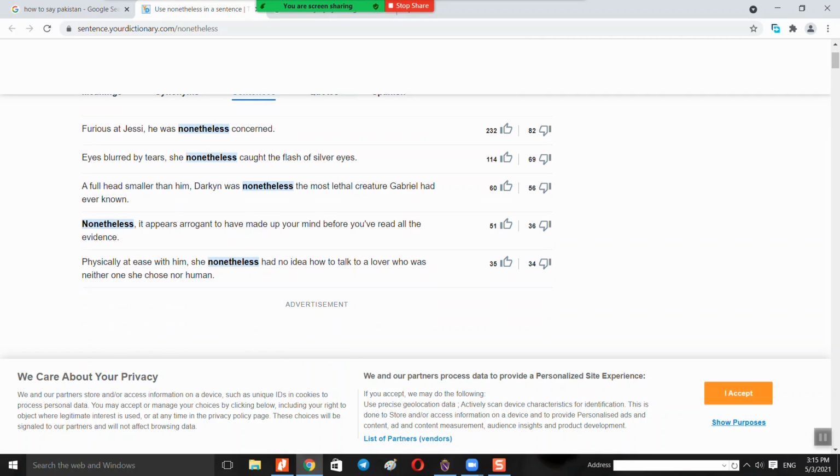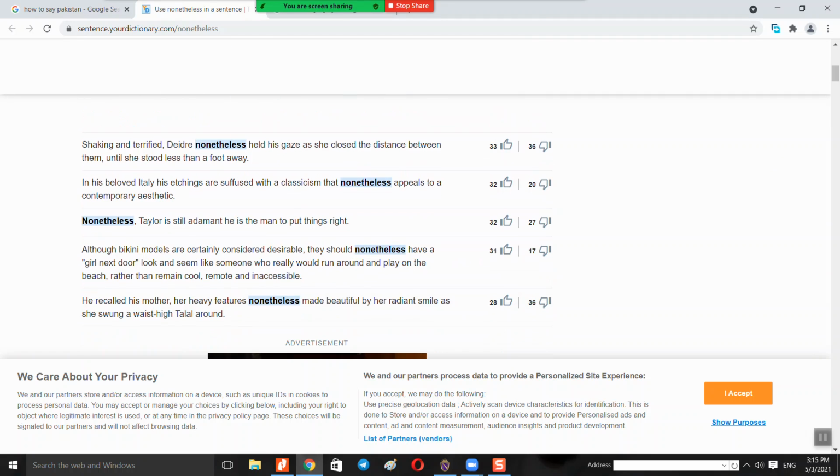Or this one: Shaking and terrified, nonetheless, Tyler is still adamant he is the man to put things right. Although these sentences start with nonetheless, it seems that the speaker must have said things before this.